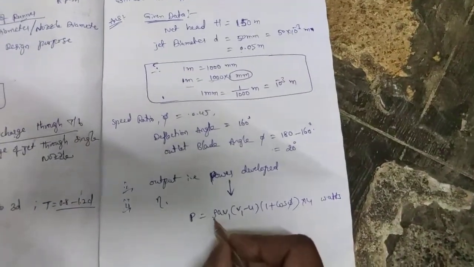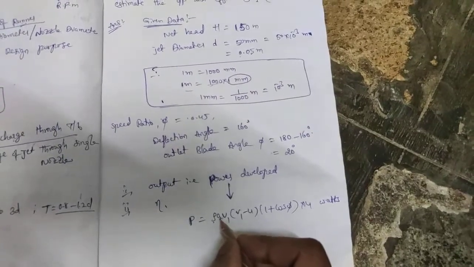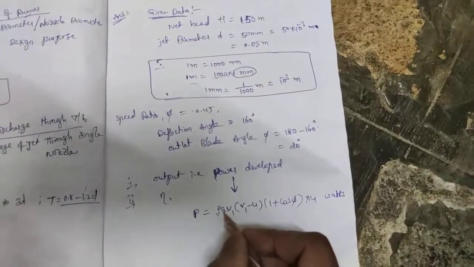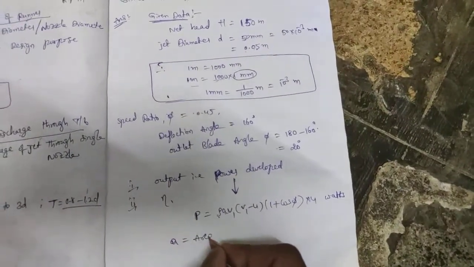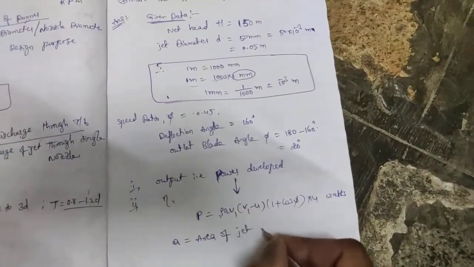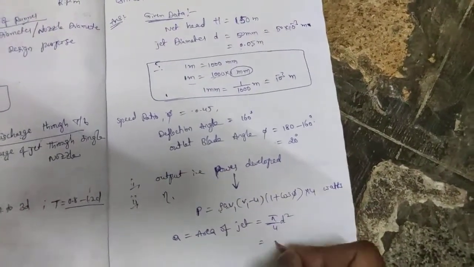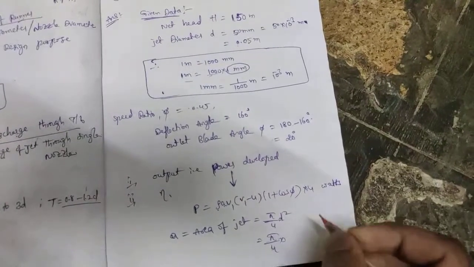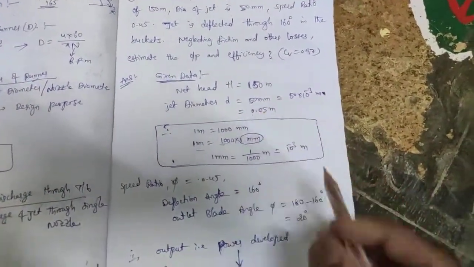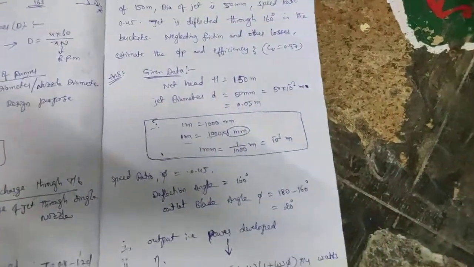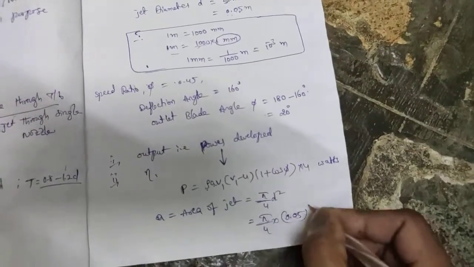So we know the density of water rho, and we need to calculate A. A is the area of jet, that is equal to pi by 4 small d square. So pi by 4, small d, the jet diameter is 50 mm. We convert this 50 mm to meters, that is 0.05 square.